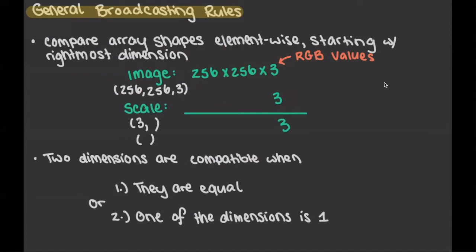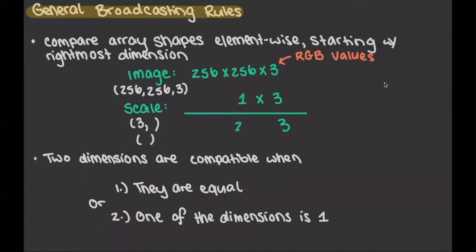Next, we're going to prepend a 1 for every dimension we're missing. So now we have 256 and 1. These are not equal, but it does satisfy the second rule: one of the dimensions is 1. The way we want to think about this is the dimension that's 1 is going to get stretched to be this 256.